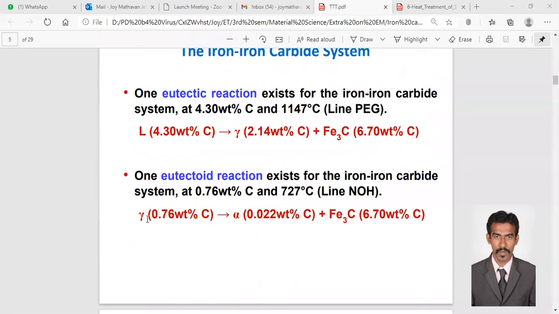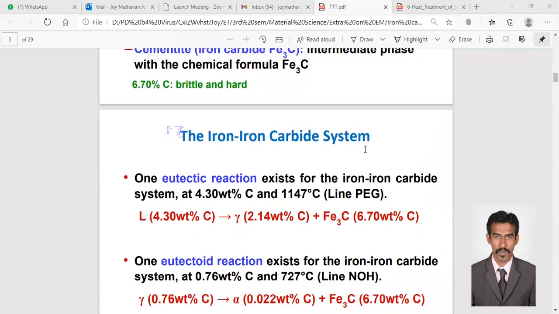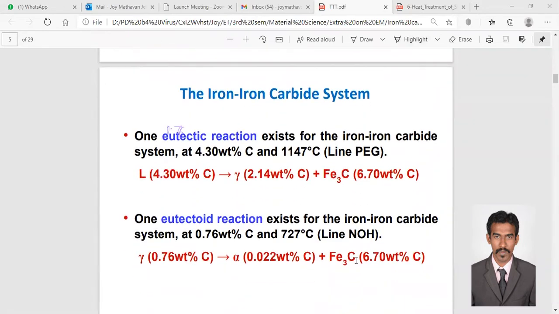That is gamma 0.76 is turning into, I will write that one. Gamma is here, 0.76. This is turning into alpha plus Fe3C.